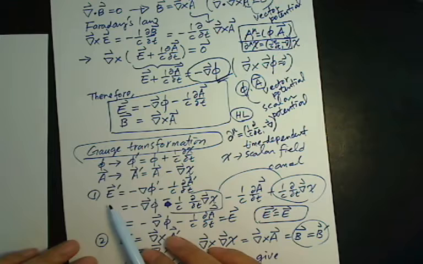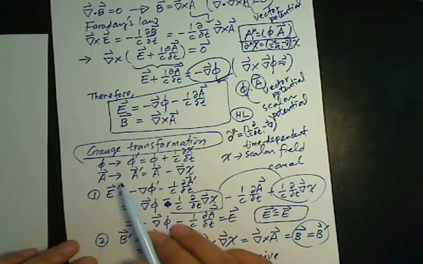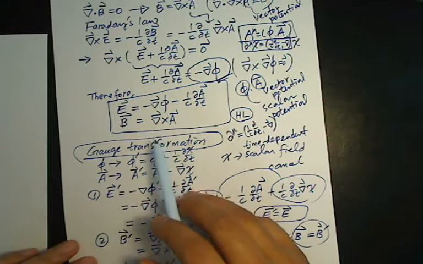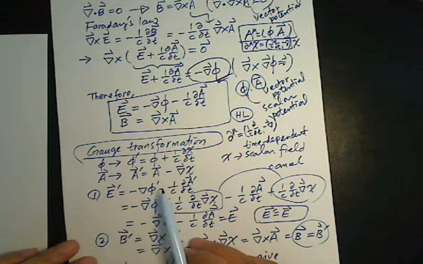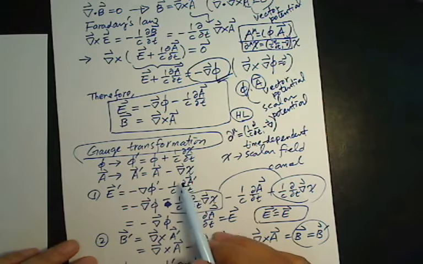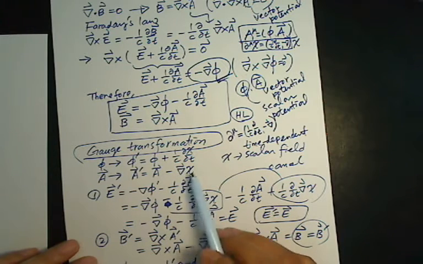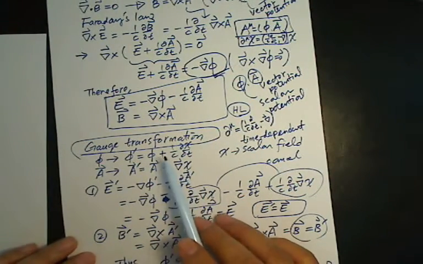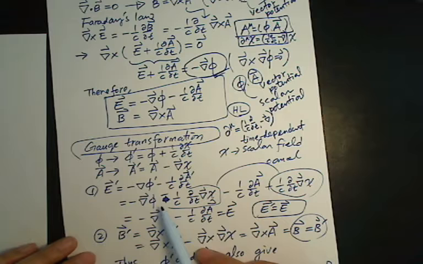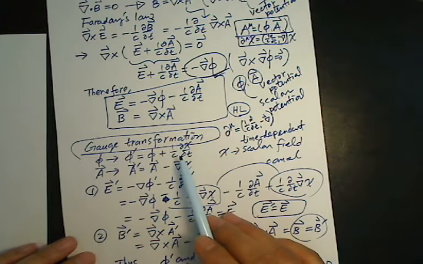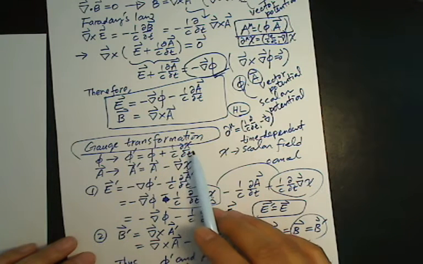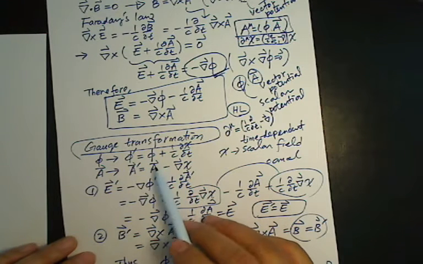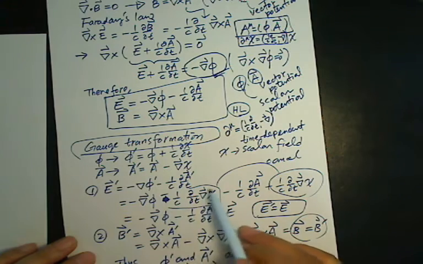E prime, let us suppose that this may be different from the original because we are substituting different functions in here. So minus gradient phi prime, minus 1 over c partial time derivative of A prime. If I substitute in here, then we have minus gradient phi, and minus 1 over c time derivative of minus gradient chi.